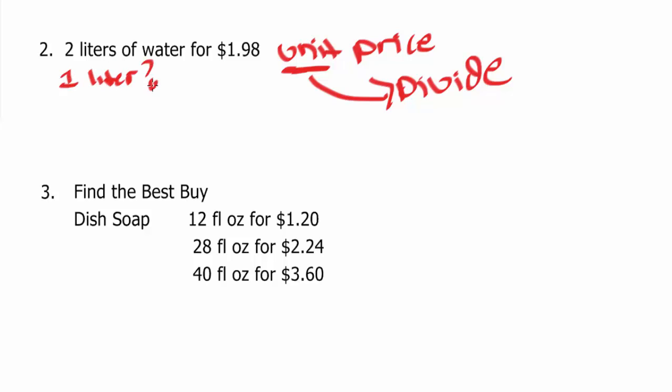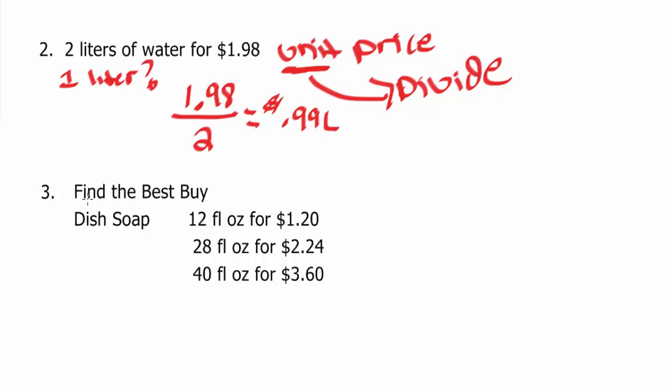Remember, the denominator is 1. Whenever you're dealing with unit price, the money always goes on the top. So 198 divided by 2 is 99 cents a liter. You always put the dollar on top.